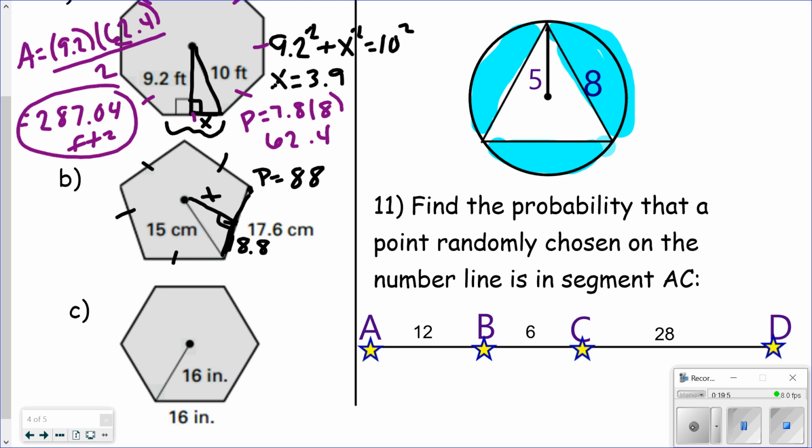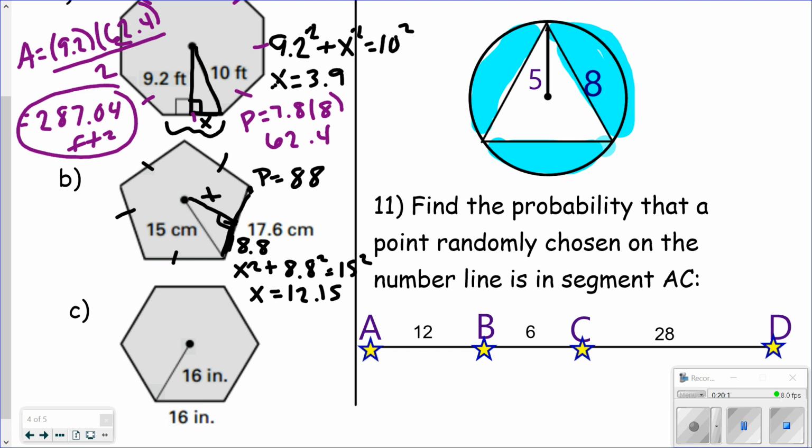So to solve for x, I need to use the Pythagorean theorem. So I'll have x squared plus 8.8 squared is equal to 15 squared. And when we solve for x, we get that x is 12.15. So now that I have the apothem and I have my perimeter, I can now find the area of this polygon.